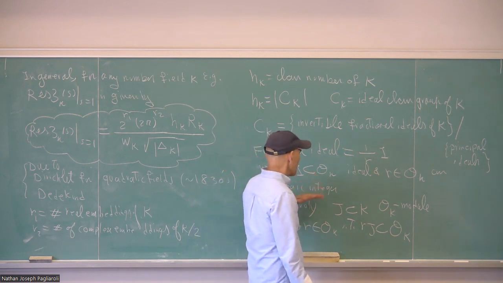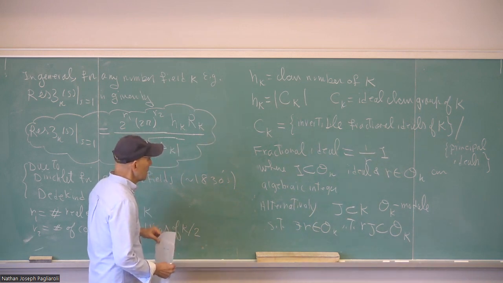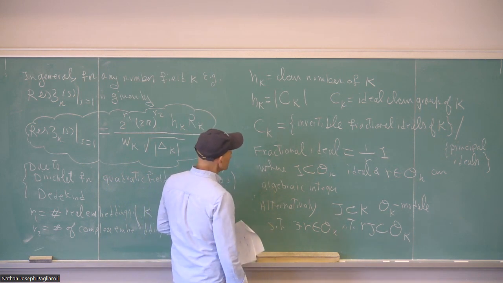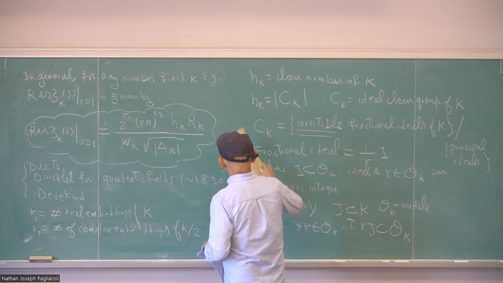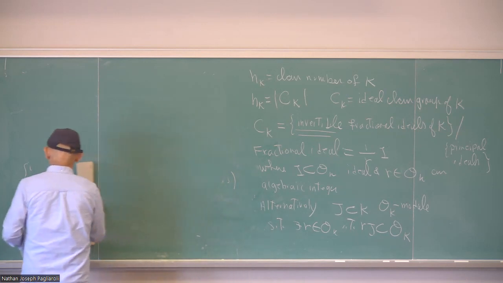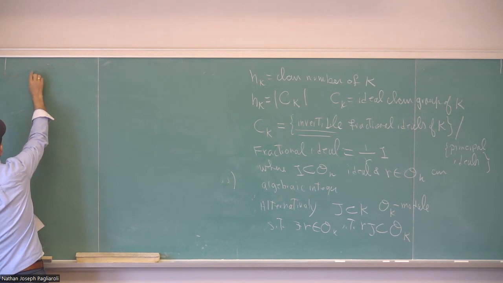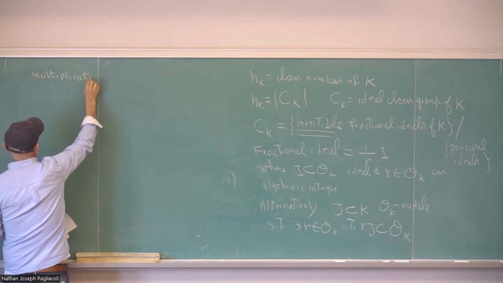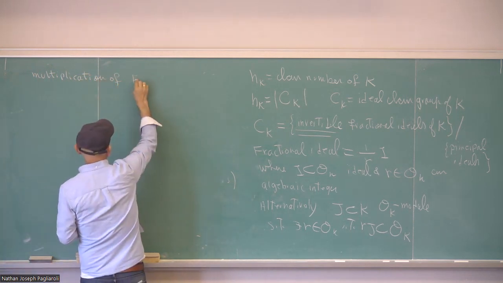So yeah, this is a bit maybe abstract at first, but now, so these are fractional ideals. What about invertible? Okay, so we know that these ideals can be multiplied. There's a multiplication of even fractional ideals, you can do that.